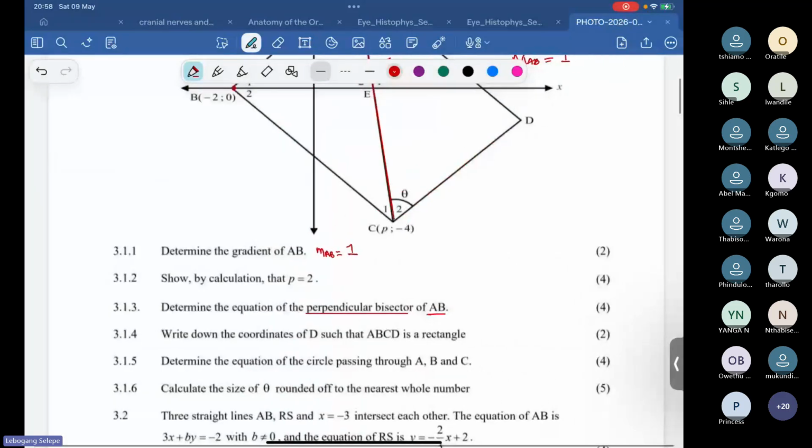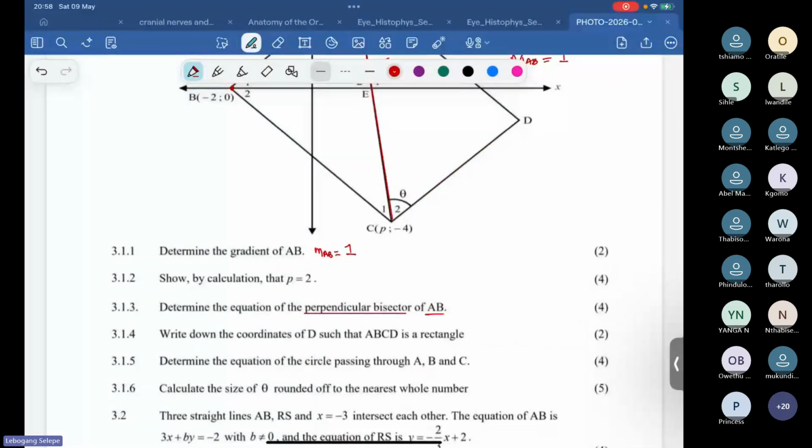So there is a line that is cutting AB such that also it becomes perpendicular to AB. That's what this statement is saying. Remember, I told you last time that to bisect is to cut into two equal halves. So the perpendicular bisector of AB means that it's a line that cuts AB into two equal halves. At the same time, that line is perpendicular to AB.